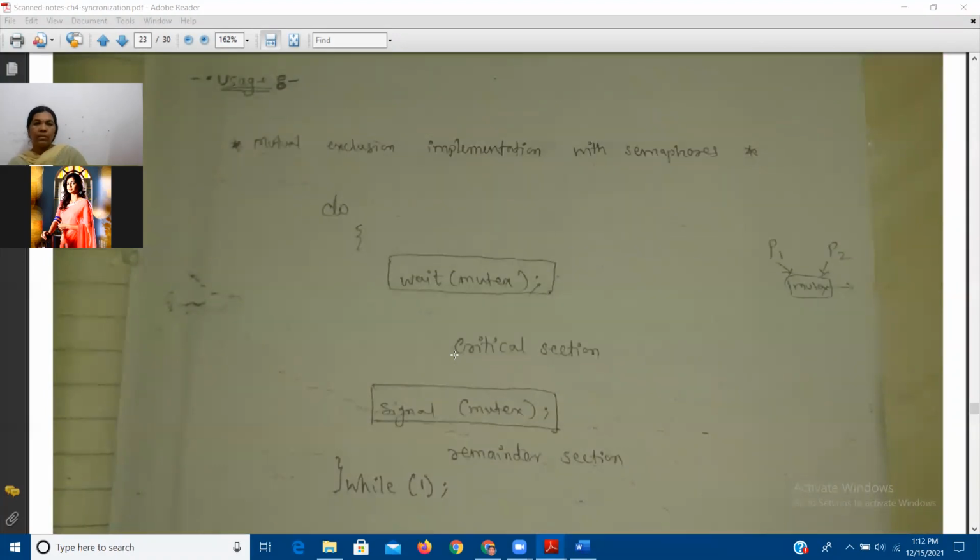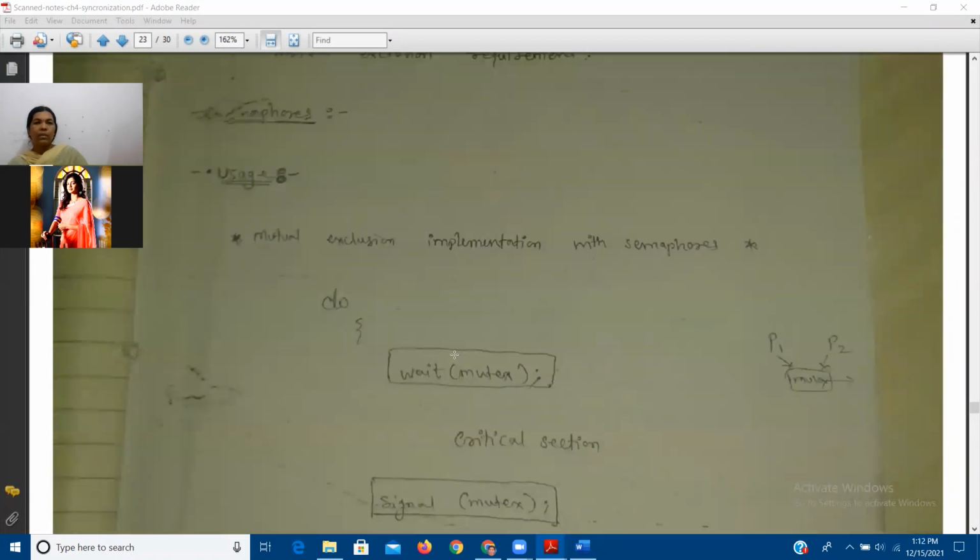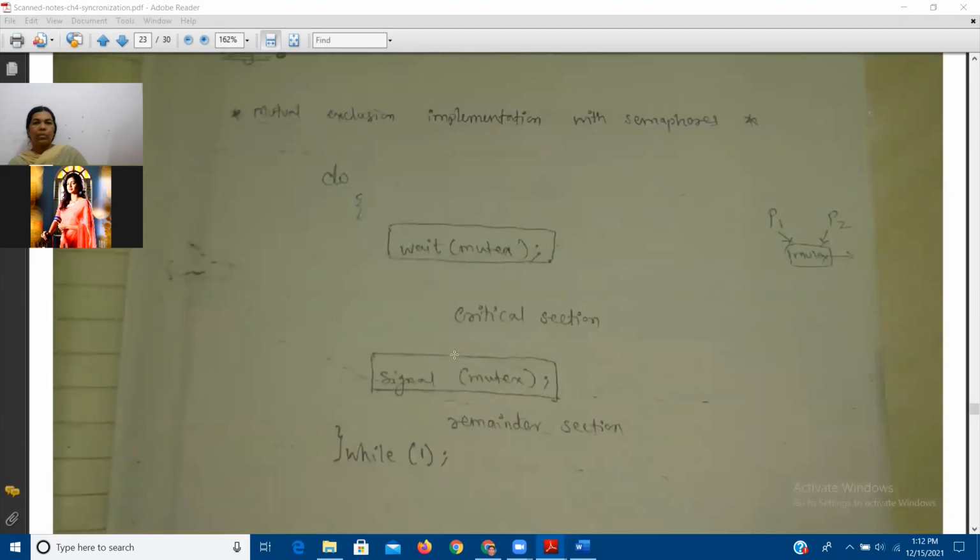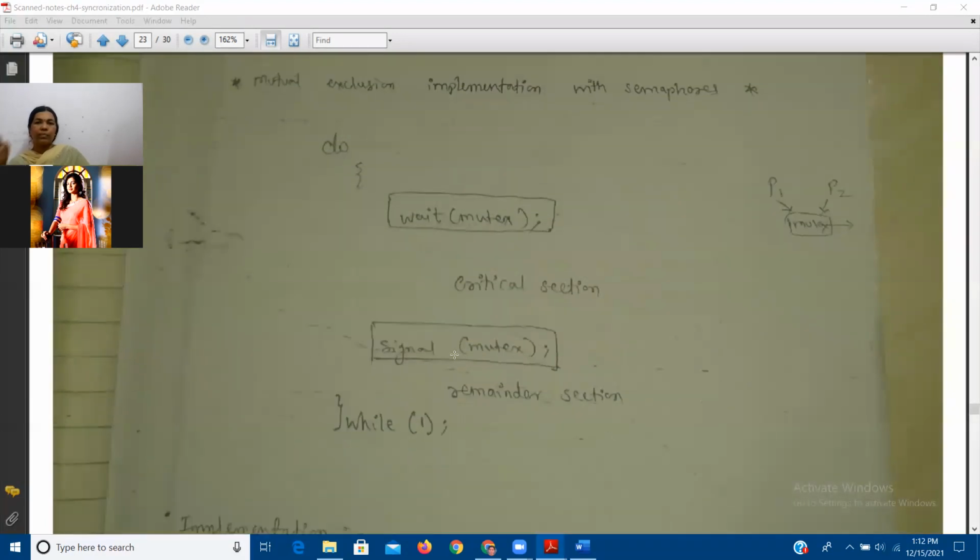So this is called mutual exclusion implementation with semaphore.